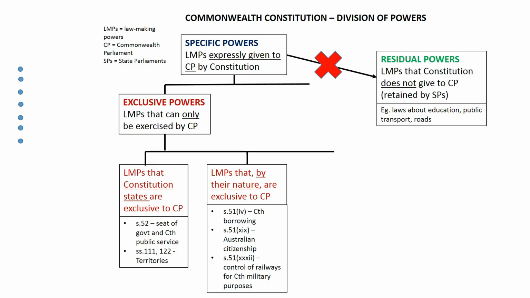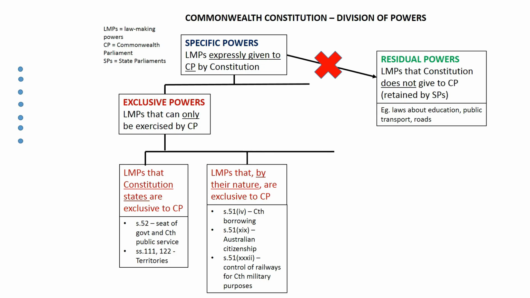Now again, clearly this is a power that is only intended to be exercised by the Commonwealth Parliament. You can't have the different state parliaments having different laws about who can come into Australia, because Australia is the one country. So again, this is an example of a law-making power that by its nature is exclusive to the Commonwealth Parliament.